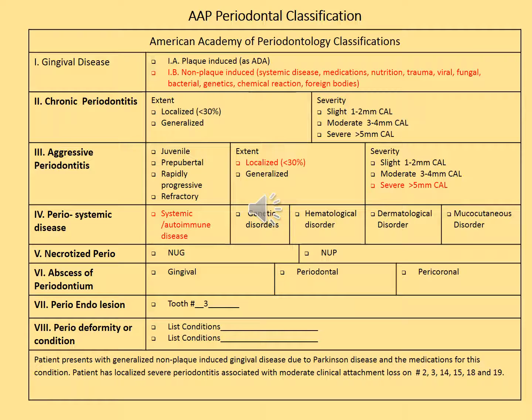The patient presents systemic autoimmune disease, and in the statement, the patient presents with generalized non-plaque-induced gingival disease due to Parkinson's disease and the medication for this condition. The patient has localized severe periodontitis associated with moderate clinical attachment loss on teeth number 2, 3, 14, 15, 18, and 19.